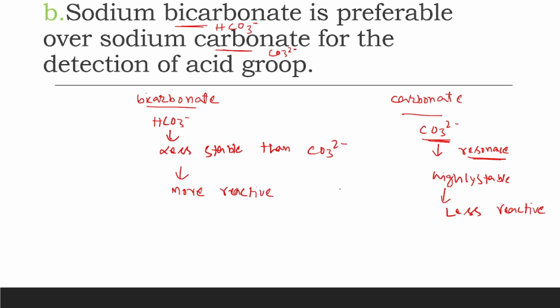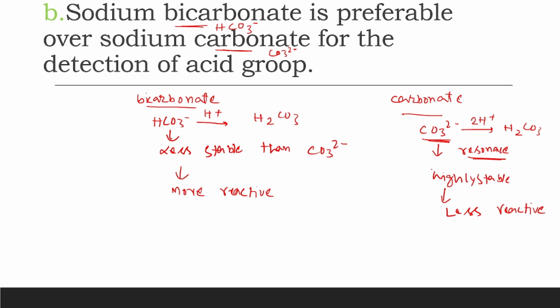Therefore, if I try to make carbonic acid from bicarbonate ion, one proton is required. On the other hand, if I try to make carbonic acid from carbonate ion, two protons are required.